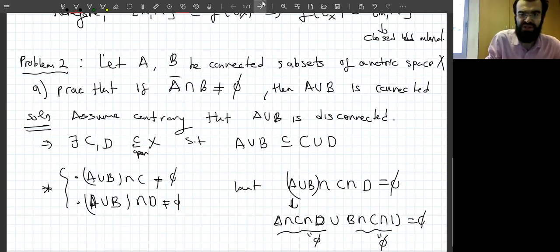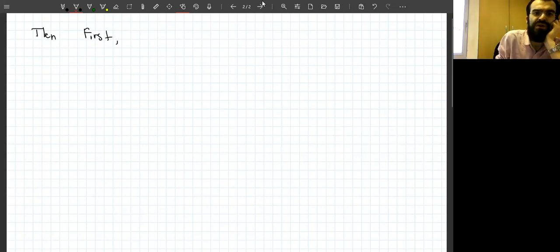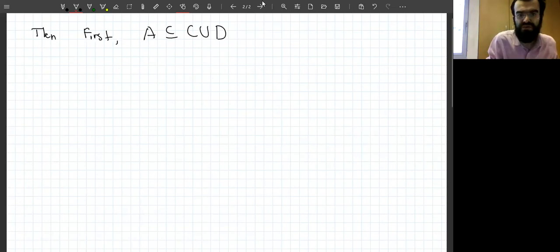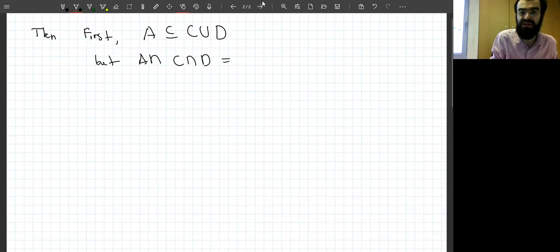Do you have any questions? No. Then, first, A is contained in this union C union D, but A intersection C intersection D is empty.